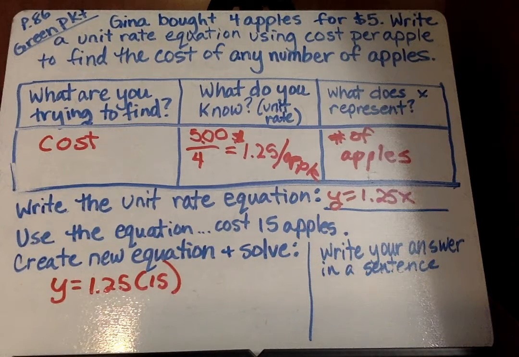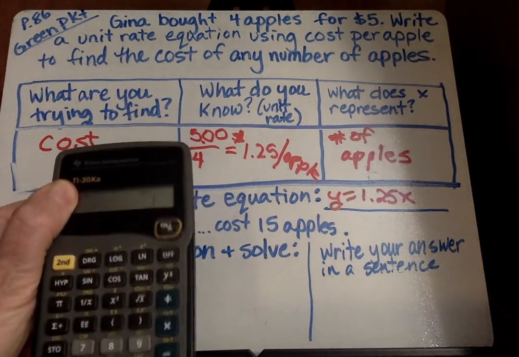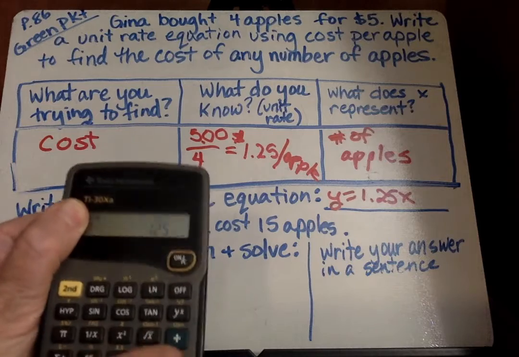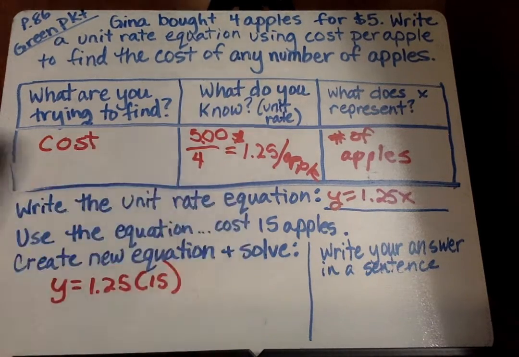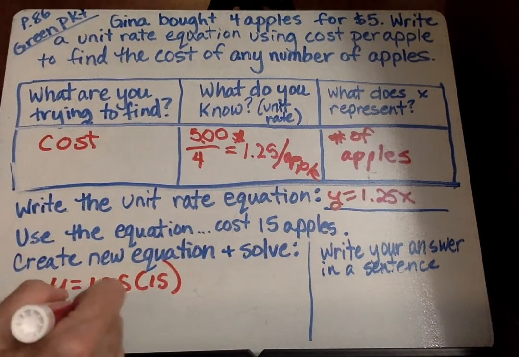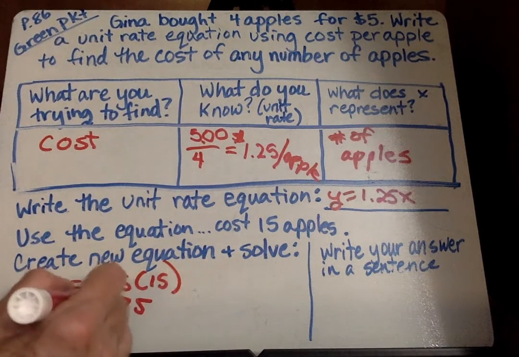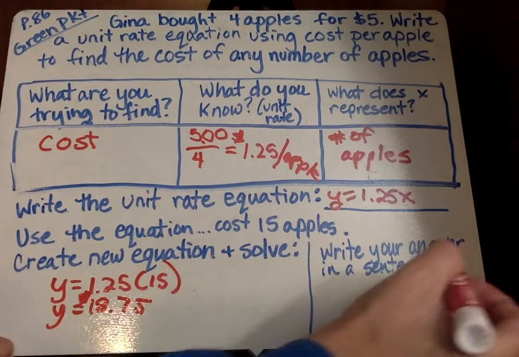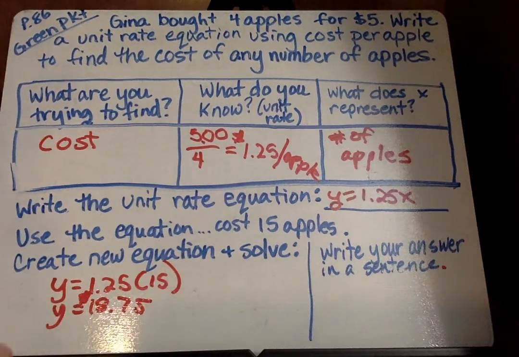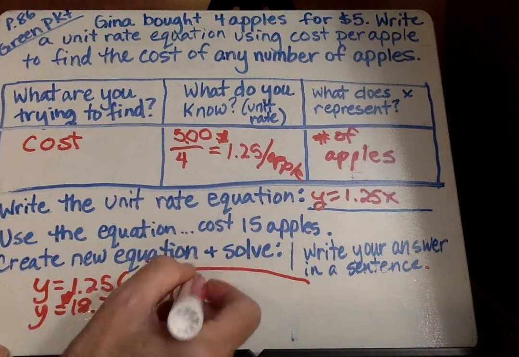So if we take our handy dandy calculator, 1.25 times 15, 18.75. So y equals 18.75. So if we're going to write that in a sentence, I'm going to put the sentence clear over here.